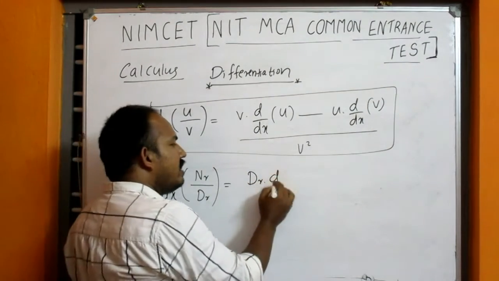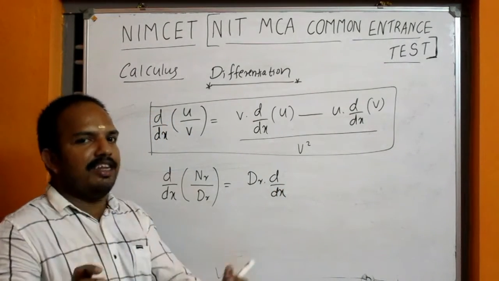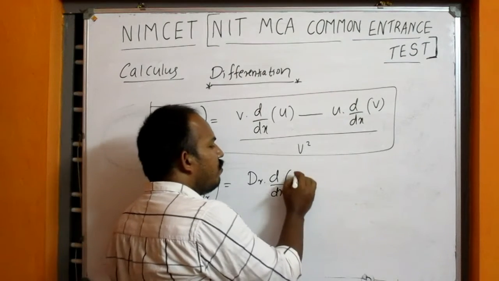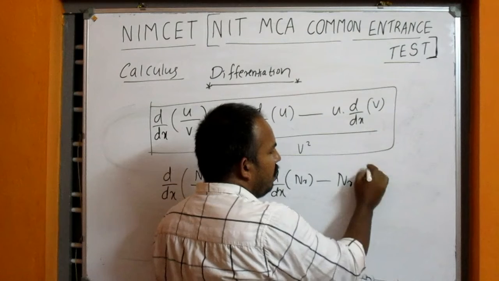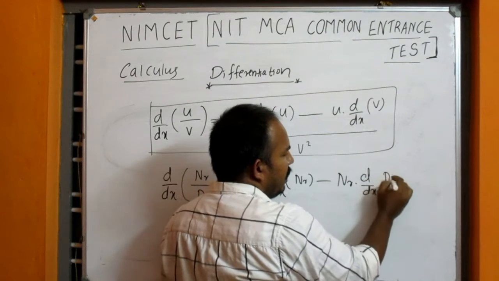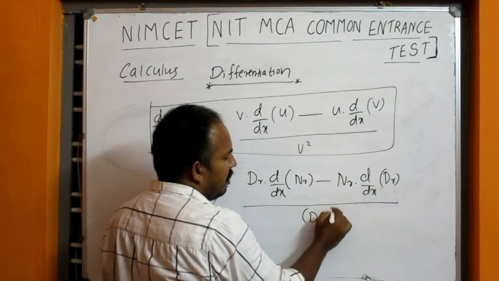Denominator into, and then the result flows automatically: denominator into d by dx of numerator minus numerator into d by dx of denominator, all divided by denominator square.